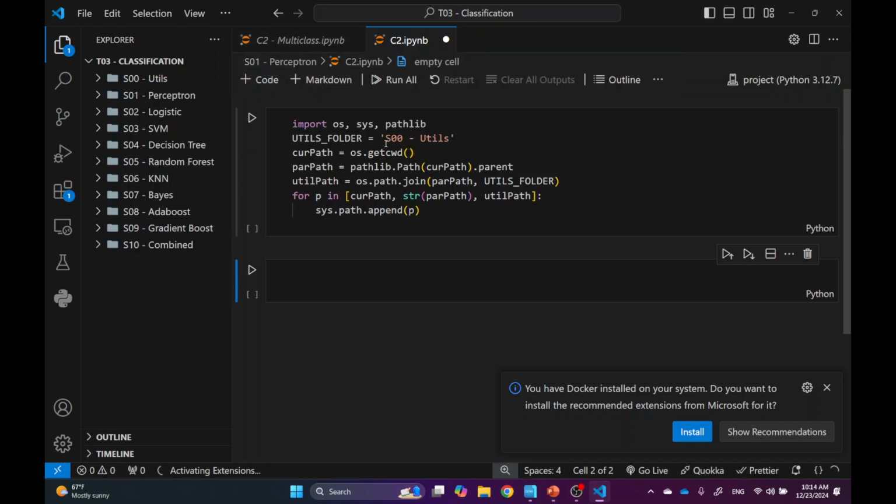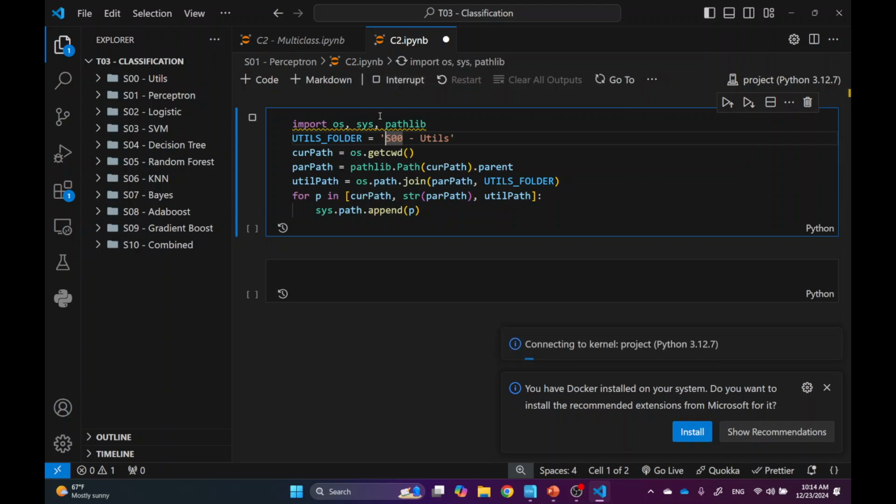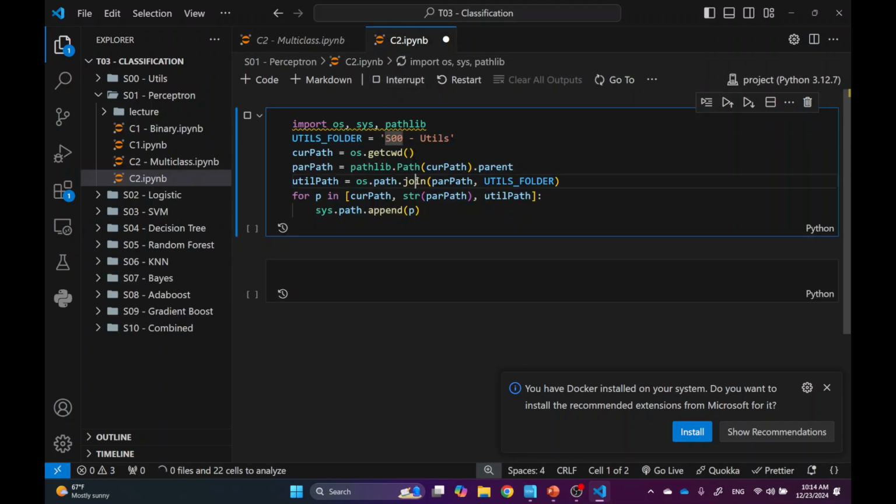Okay, so that's the one I want. Okay, I'm gonna run it. Cross my fingers, and it just keeps running. Okay, that's fine.